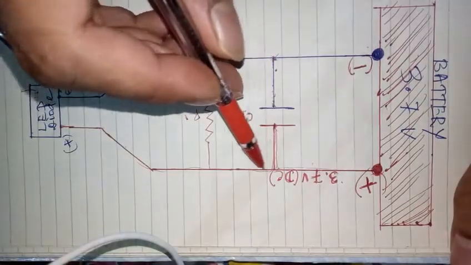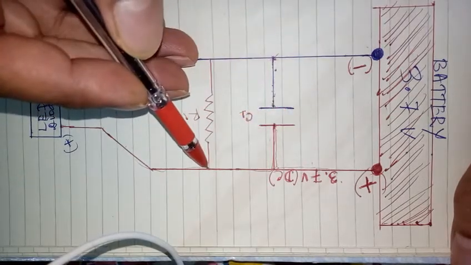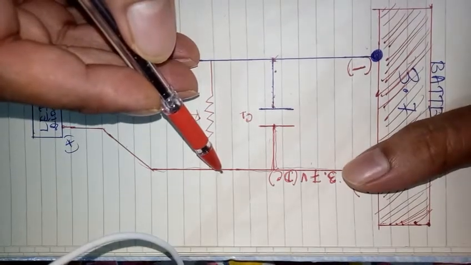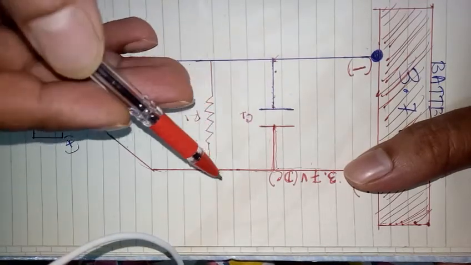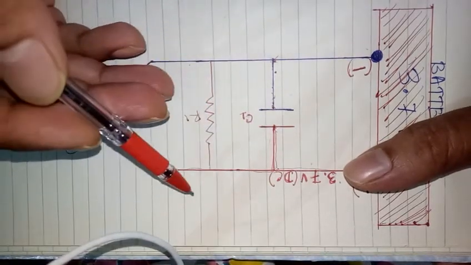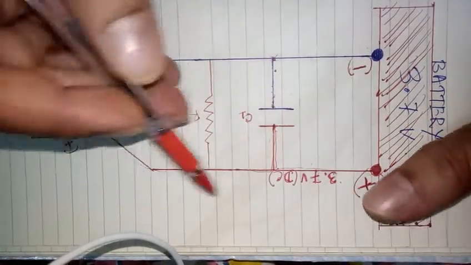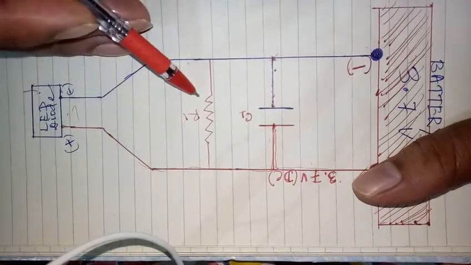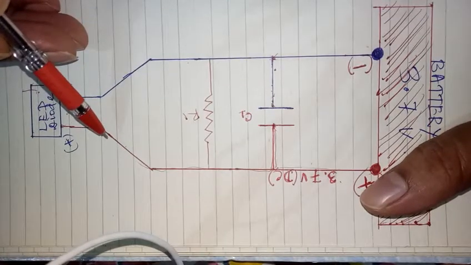So the 3.7 voltage is coming from this side on the positive terminal or positive line. If the power supply is above 3.7, or 4 volt, or 4.5 volt, as determined, and we require 3.7 volt here, the HBR, the resistor, will pass the 3.7 volt only.